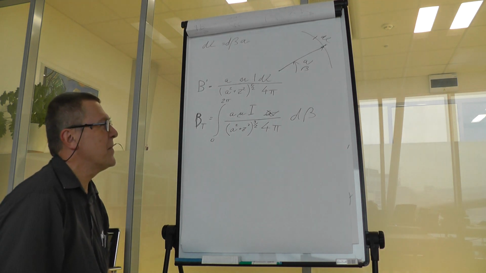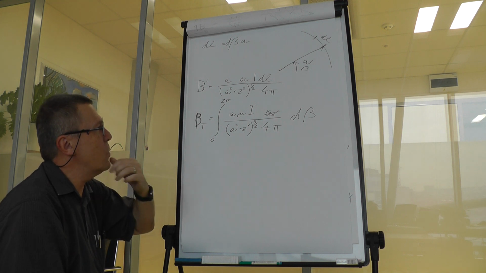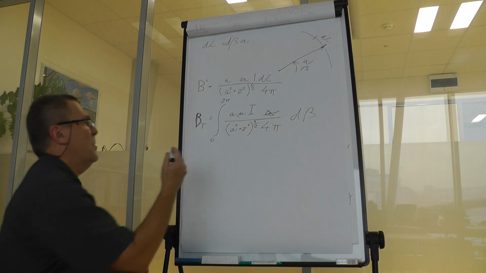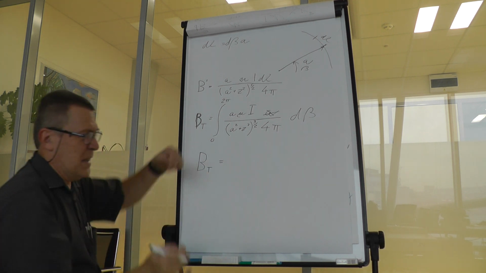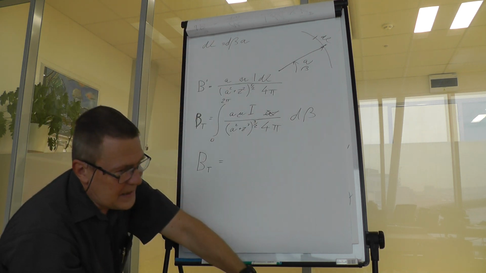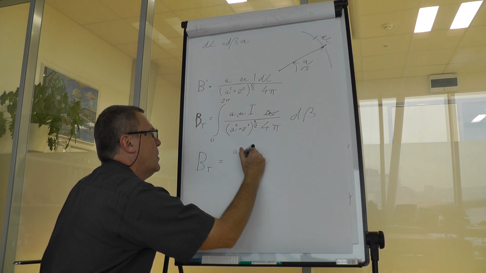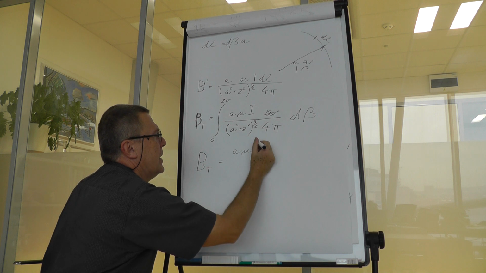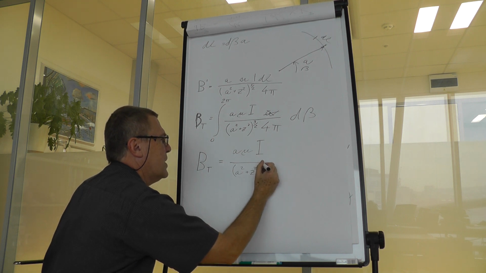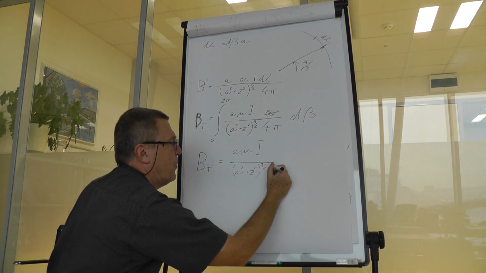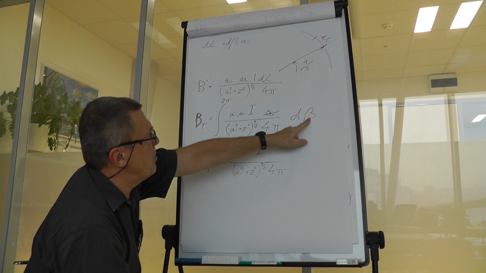So, okay, now I can make the final calculation, which is the total B, which we know is oriented downside along the z-axis but against its orientation, would be a mu I over a squared plus z squared raised to 3 halves multiplied by 4 pi, and now the result of this integration is beta.